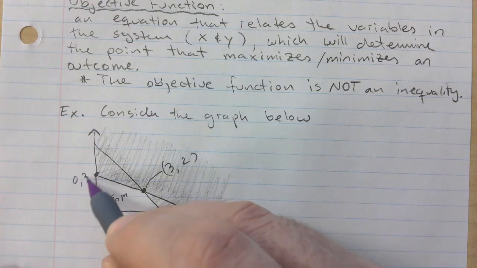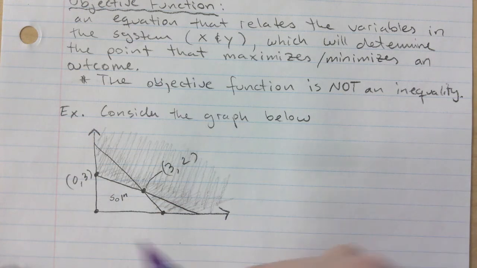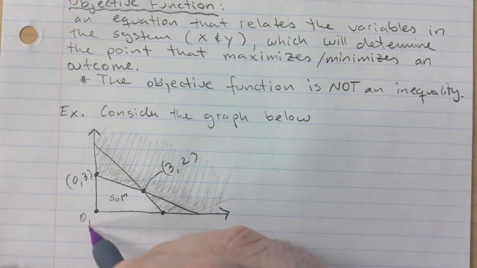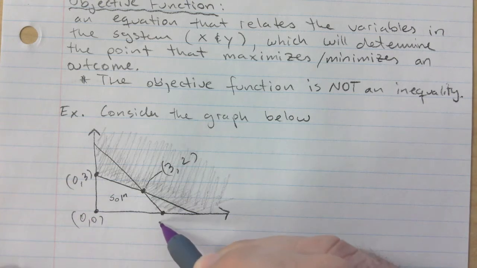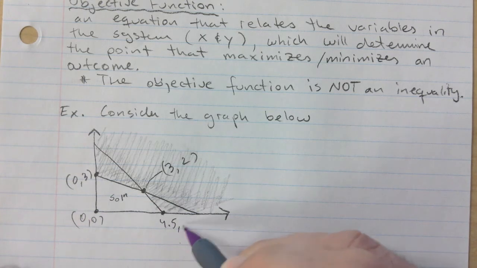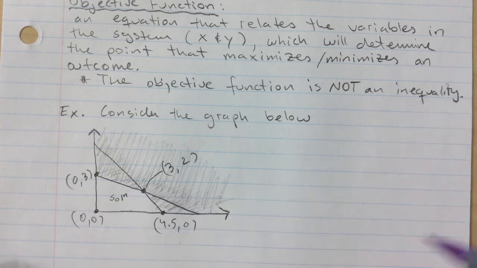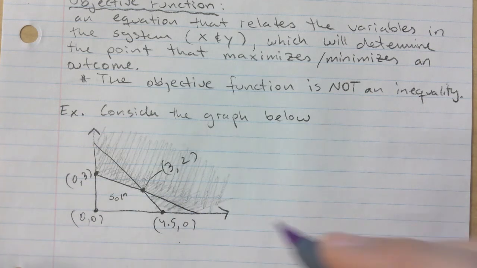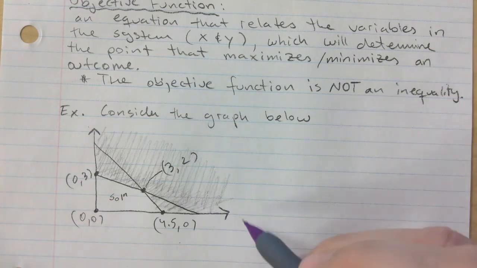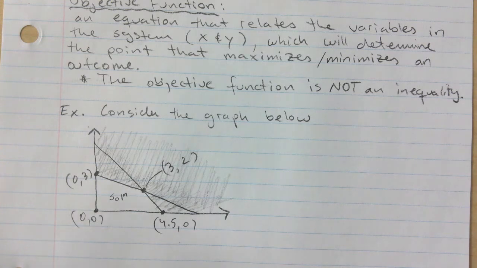This is 0, 3. This is obviously 0, 0 here. And this is 4.5, 0. That's just an example. This could be anything, right? The variables could be X and Y, it could be hours and money, you name it. Okay.